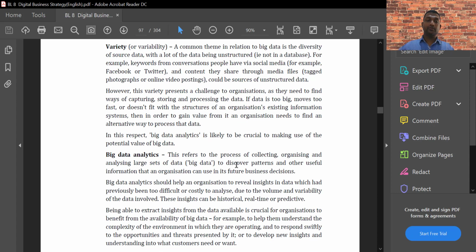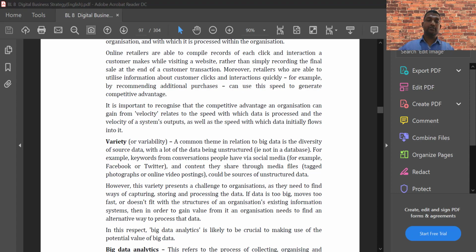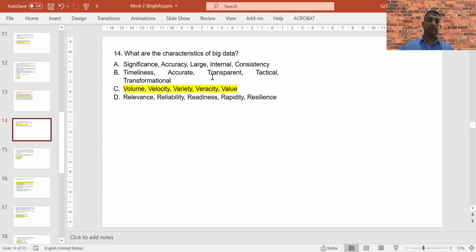Alright, so the answer for this question, I think this is a very familiar question. The marked answer is volume, velocity, variety, veracity, and value.